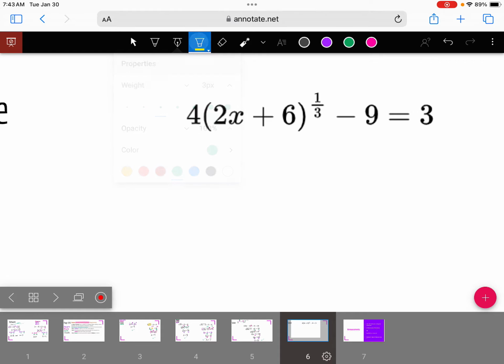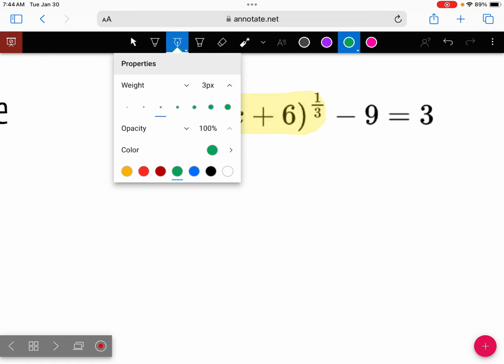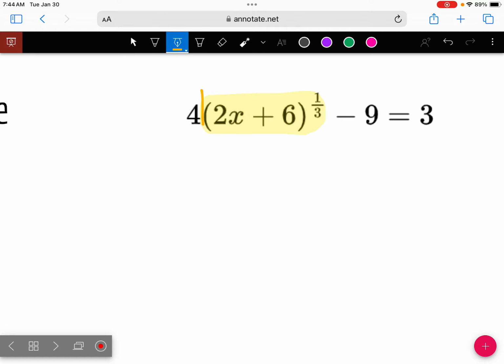Because our first step needs to be to isolate my root, isolate my radical. This chunk is the radical. So we need to get this piece all by itself. What do we need to remove first? I was going to say, if we do the 4, we can absolutely do that. It's not wrong. It's just a significantly higher chance of fractions.